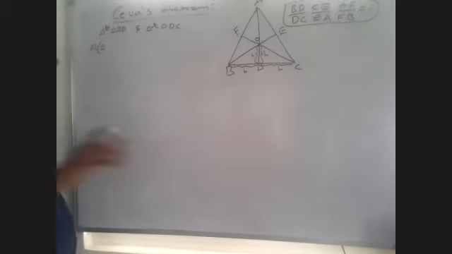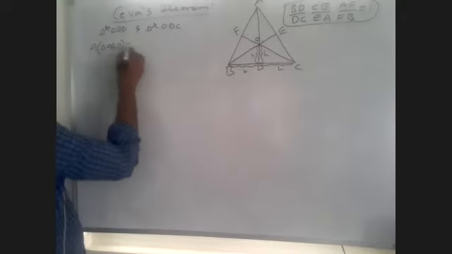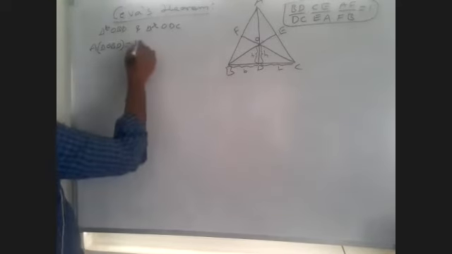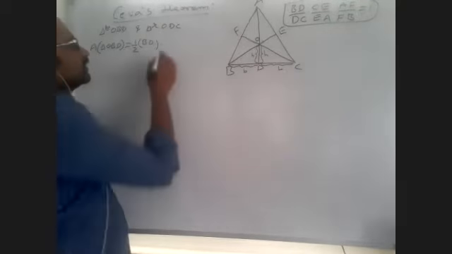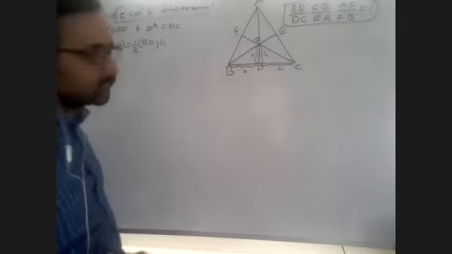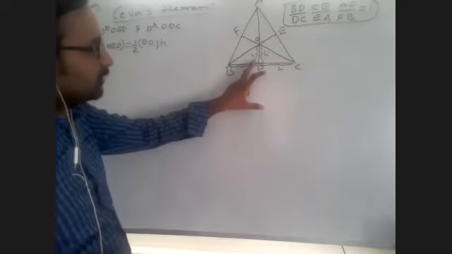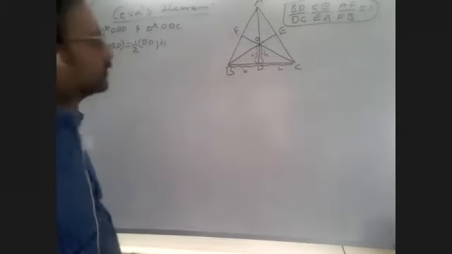I'm finding first the area of triangle. I'm writing only the triangle symbol. Triangle OBD is equal to half of base, base means here BD, into height. Height I am taking as small h. This is clearly the base.